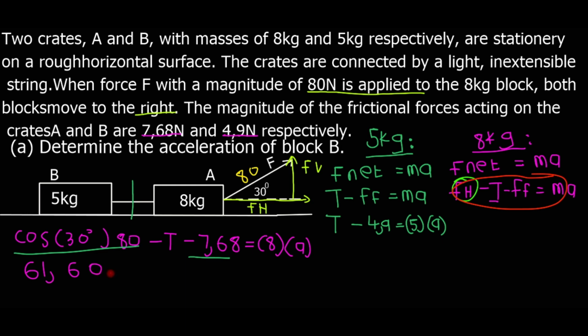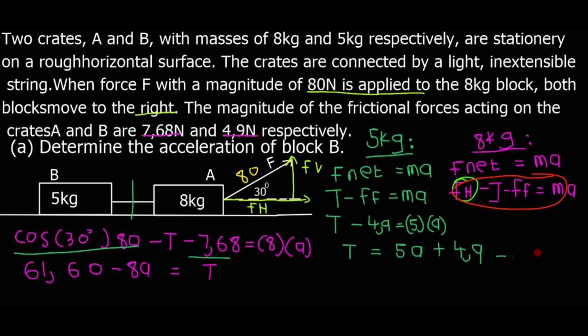So it gives us 61.60 minus 8A equals T. We take this 8A to the left and this T to the right-hand side, so here I have made T the subject, and we do the same thing here: T equals 5A plus 4.9.